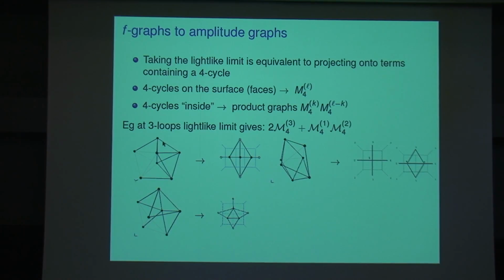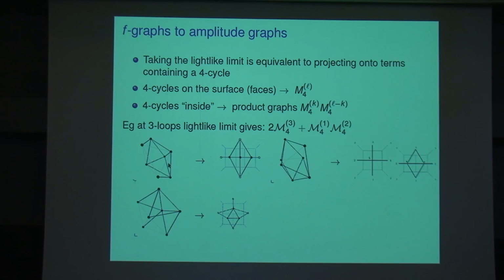So here is the same F graph, but I've coloured in a 4 cycle. So there's a 4 cycle from there to there to there to there, and I've coloured that in red. And now if you ignore the red bits and just look at the black bits, you'll see, with a little bit of imagination, that the black graph that's remaining is precisely this graph here, which is the dual graph of the 3-loop ladder.